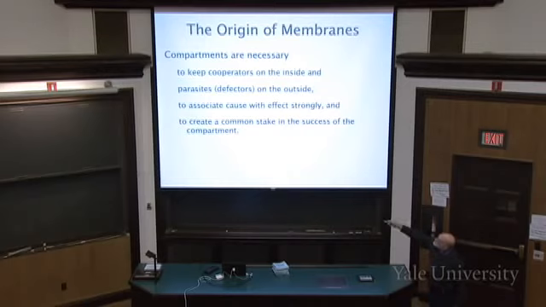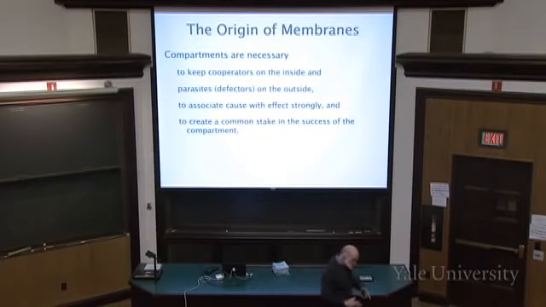What this does is associate cause with effect strongly, in the sense that if you're cooperating and you are shipping your product on to the next member of the hypercycle, that actually is an effect that's retained within the system and then comes back to help you. If it's open, you have no guarantee it's going to come back to help you. So there's no guarantee of reciprocity.